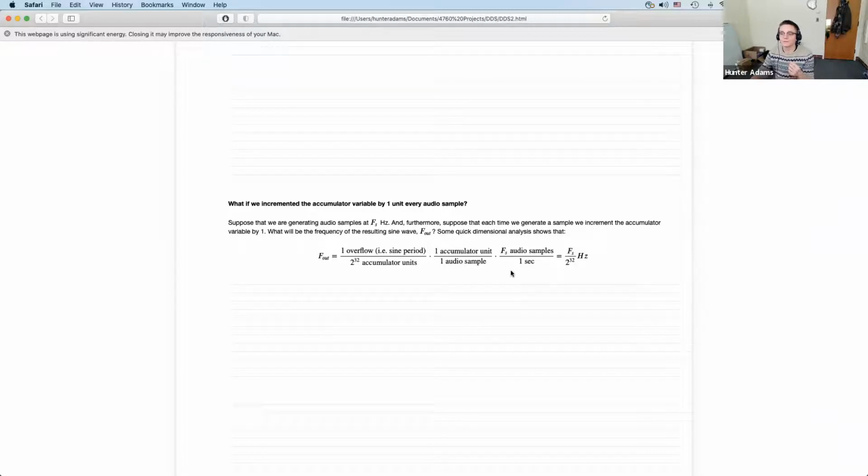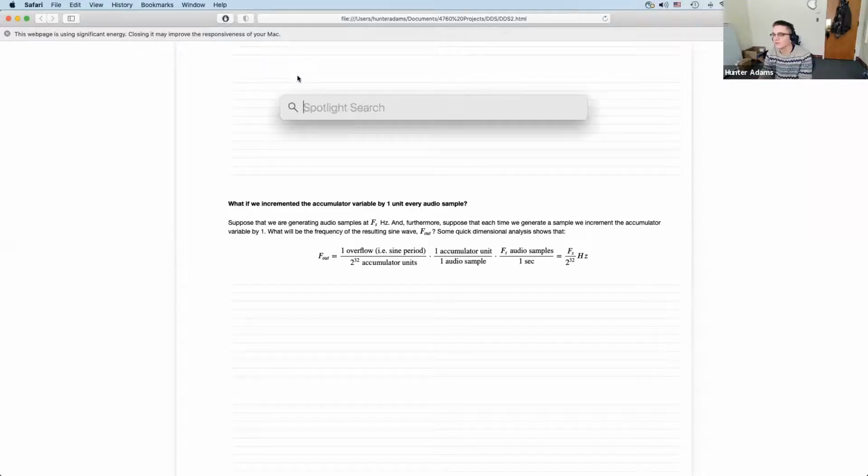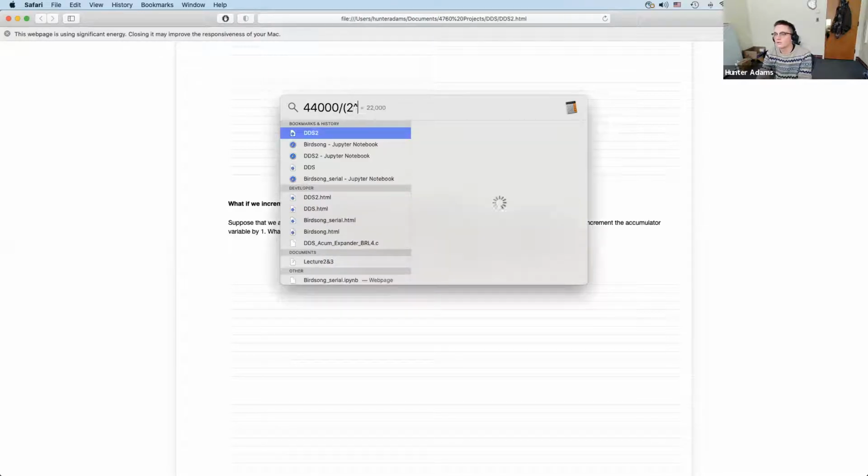And then we have some fixed audio rate. So we have fs audio samples per second. In our case in lab 1, we have 44,000 audio samples per second, which you set up with an interrupt service routine. So you go through this and you end up with an output frequency of your audio sample rate over 2 to the 32, the maximum value that can be contained in your 32-bit accumulator variable. So that's 44,000 divided by 2 to the 32.